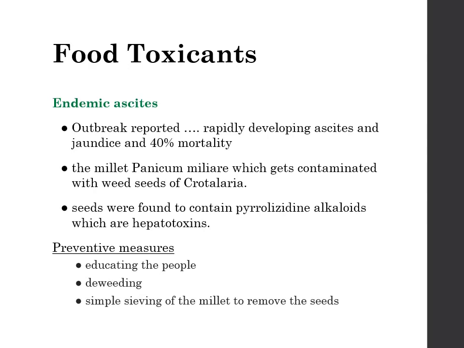An epidemic was reported in India with very high mortality. Preventive measures include health education of people not to consume the food which is contaminated, de-weeding, and simple sieving of the millet to remove the seeds.